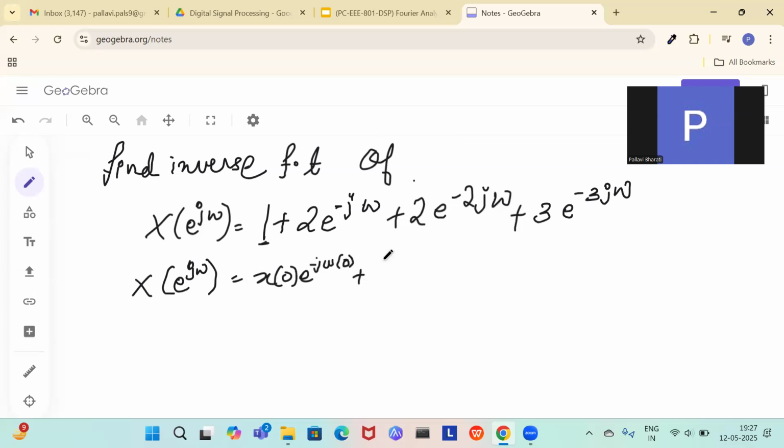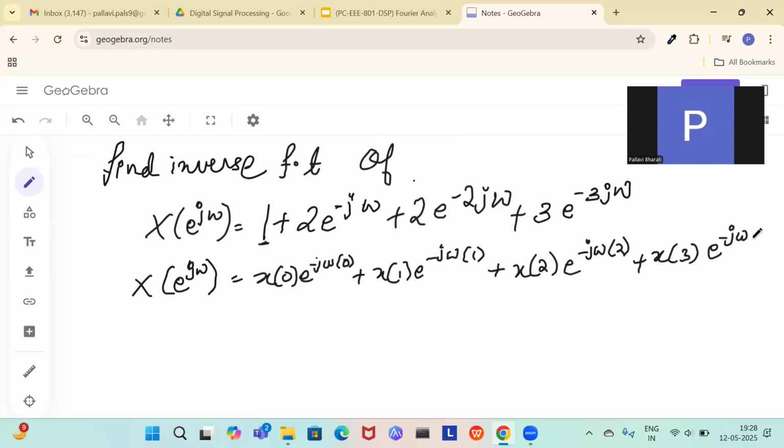Next one, I'll write as x1 e^(-jω·1), x2 e^(-jω·2) plus x3 e^(-jω·3). So if you put the 0 value here, it is going to become 1, and x0 is 1, so this is 1.